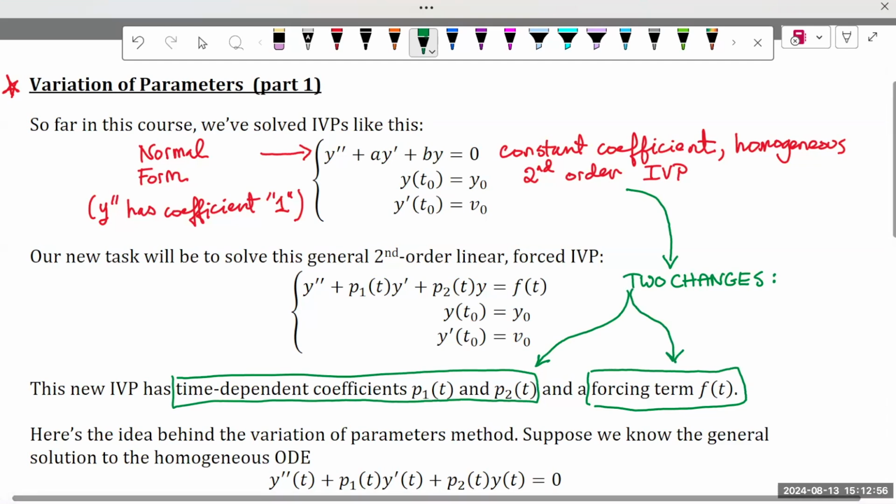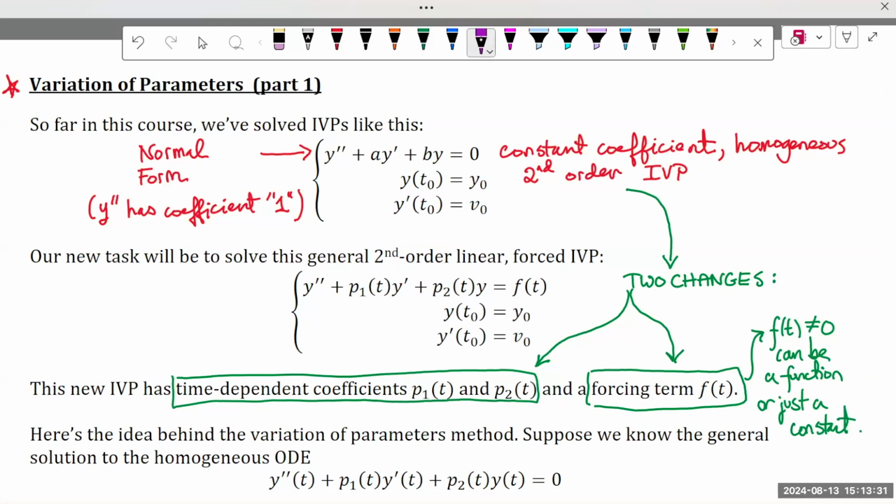Now, this f of t could be a function of time or it could just be a constant. It's important to note that the techniques that we have learned so far for dealing with the constant coefficient second-order ordinary differential equation that is homogeneous no longer apply. We cannot use the characteristic equation technique directly on our inhomogeneous or driven ODE.